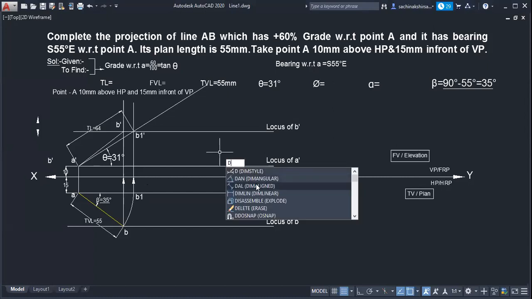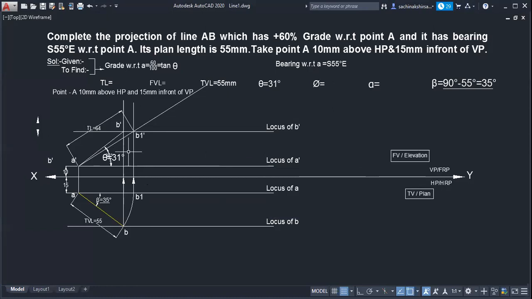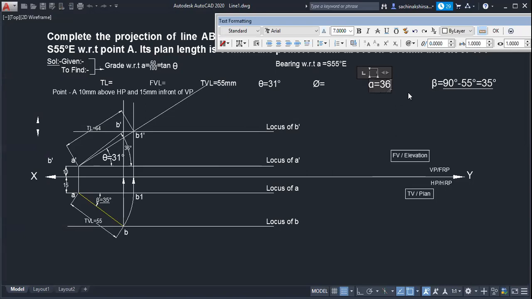What is that? Angle alpha. 37, 36. Exactly, it is 36. No issue, 37 also will be treated as correct. Very good. Who told this answer? 36. 27 ohm. Okay, very good.